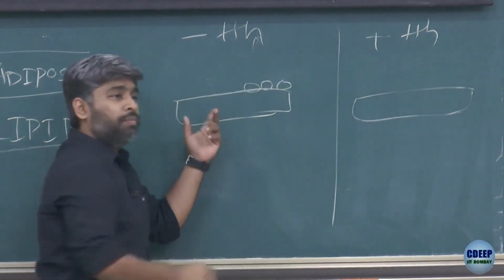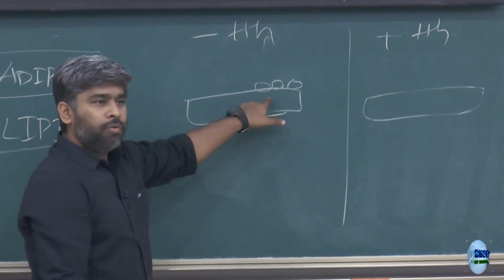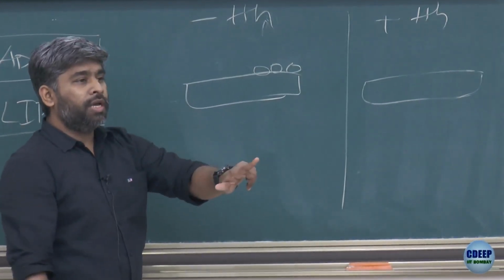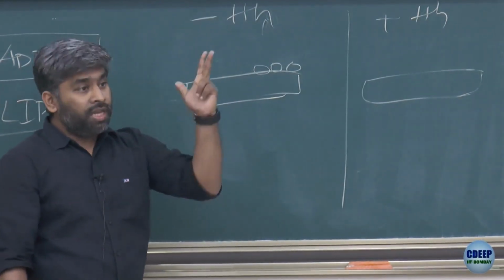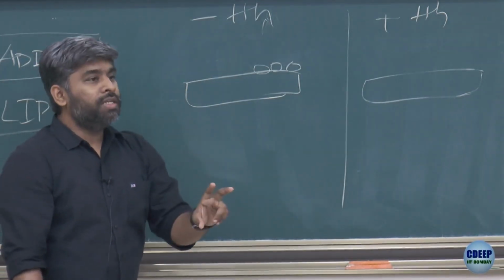This is a good example because PKA phosphorylates this. First GSK3 beta will come, then PKA comes, and then casein kinase comes. Three kinases are phosphorylating. So you can understand the complexity now.